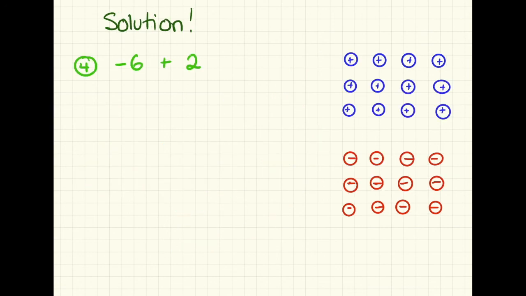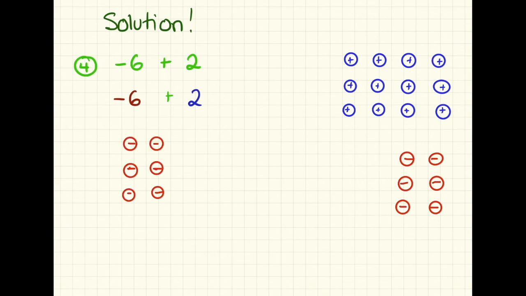Our second last question is a negative 6 plus 2. What I'm going to do here is write my negative 6 as negative 6. I'm going to keep this as plus, and I'm going to do 2 positives. So let me grab 6 negatives here, and let me grab 2 positives here, right? Because I'm adding them together, so I'm creating a whole group.